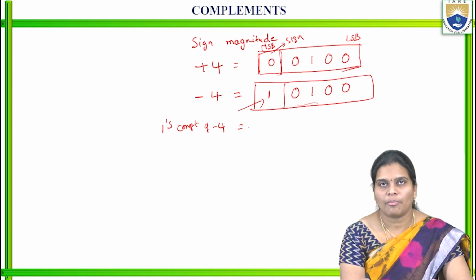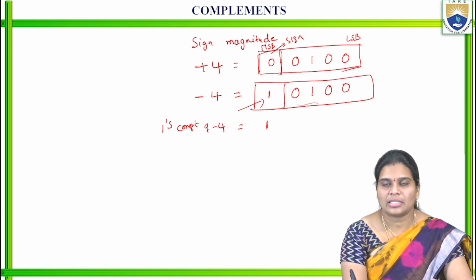As it is sign, we are using the same sign. Only we are applying the 1's complement of this one. So that means zeros will change to ones, ones will change to zeros. 1 1 0 1. This is the 1's complement of this minus 4.